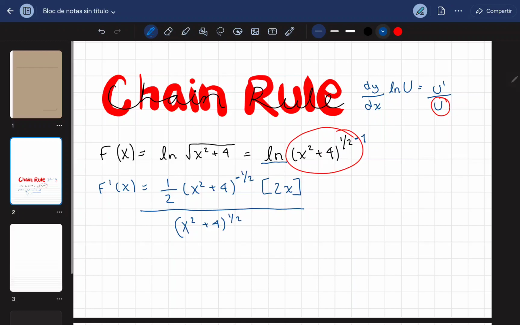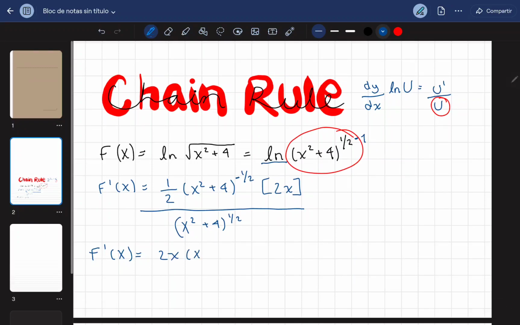Okay, now this looks like this, so it means that we need to apply some algebra to simplify it. So if we multiply all of the numerator, we are going to have something like this. So we can say 2x times x squared plus 4 to minus 1/2.